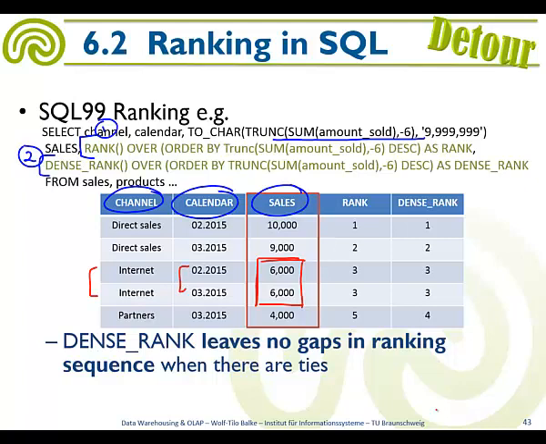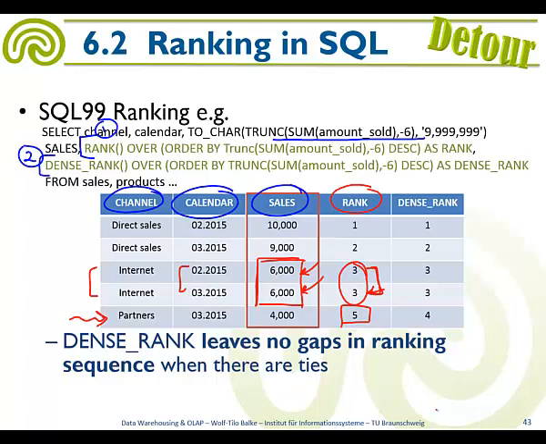The ranking function leaves gaps in the ranking. It means as soon as you have 2 equal sales, then they're both ranked 3rd. So we don't have 3rd and 4th as before. They both take the same ranking. However, the next channel that comes next is not given rank 4, it's given rank 5, because it is basically holding up the places for the 3rd and the 4th rank.